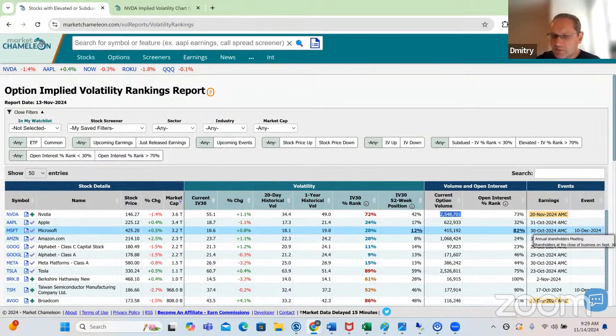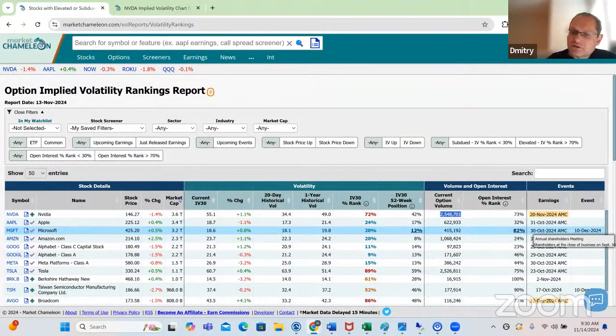So that's something to keep in mind, because whenever management talks or there are investors with questions, something could be said that could potentially impact the stock. Maybe not, but there's still an opportunity there for a potential move in the stock. So that would be the event column.